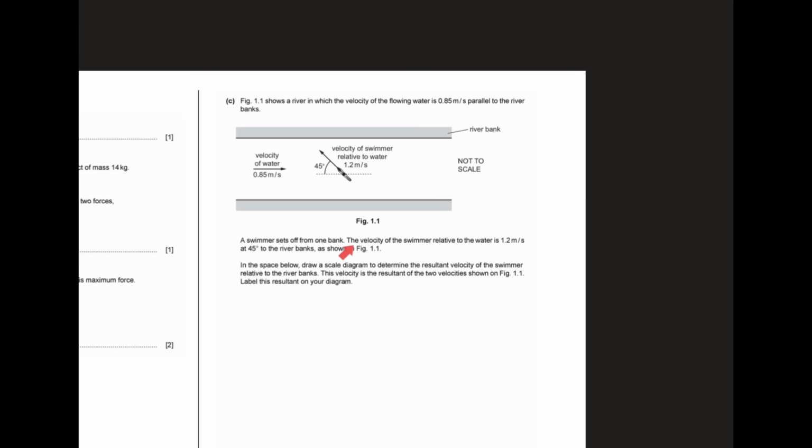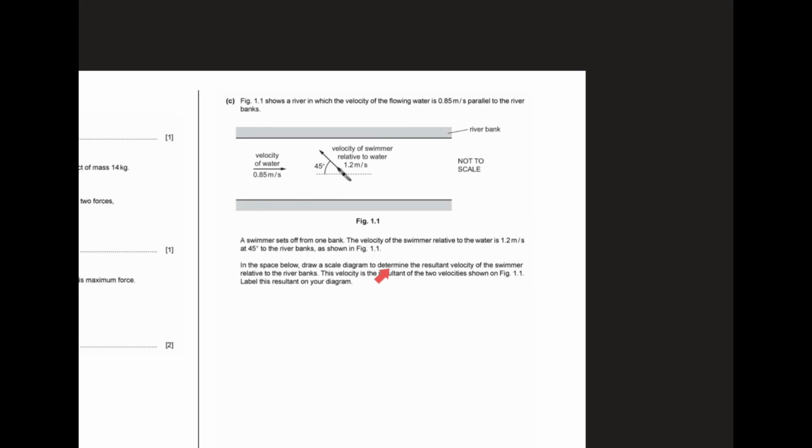A swimmer set off from one bank. The velocity of the swimmer relative to the water is 1.2 meter per second at 45 degree to the river bank, as shown in figure 1.1. So that means the swimmer swim in this direction, 45 degree.